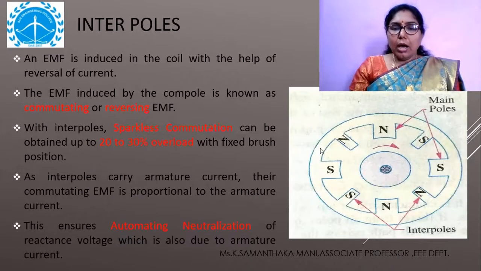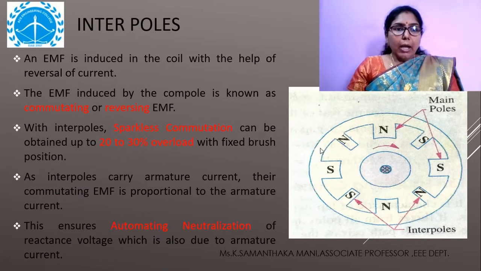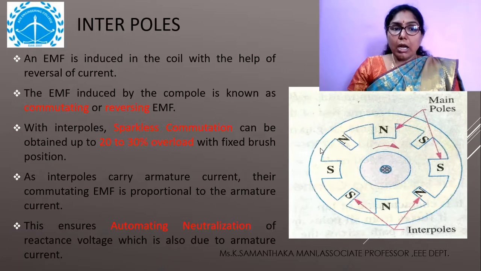Next, how will these interpoles work? An EMF is induced in the coil with the help of the reversal of current. The EMF induced by the interpoles is also known as a commutating or reversing EMF. It is called a commutating EMF because our intention is to improve the commutation.